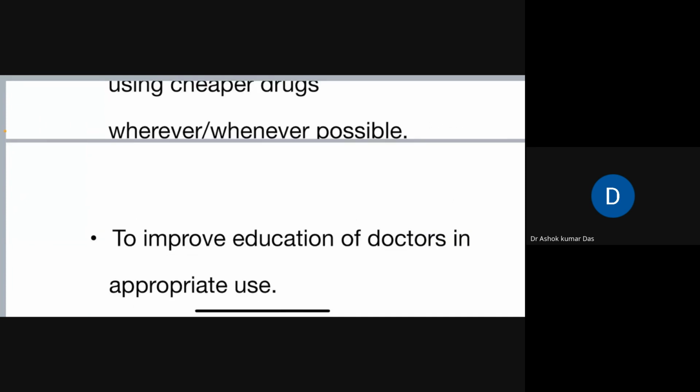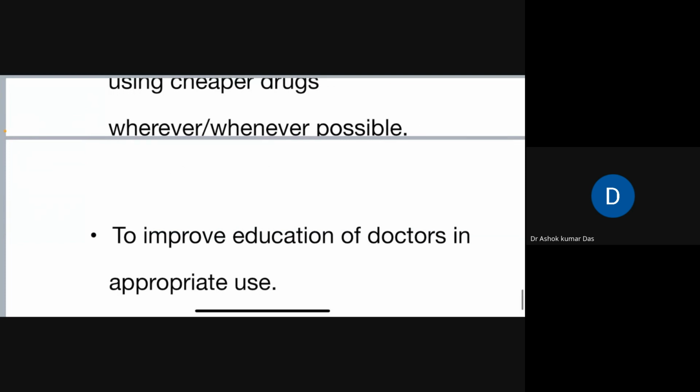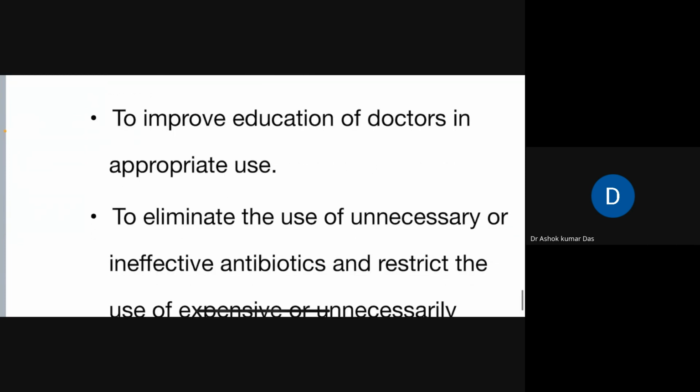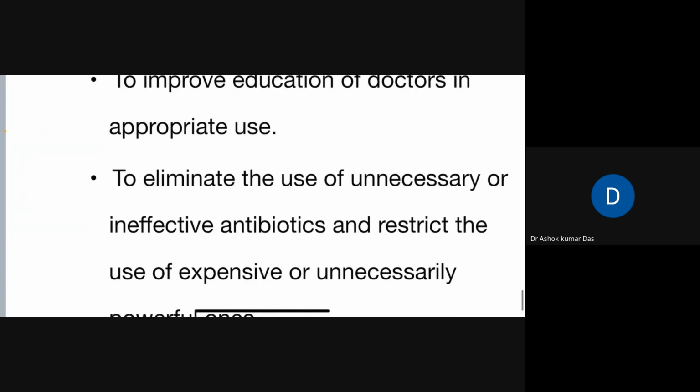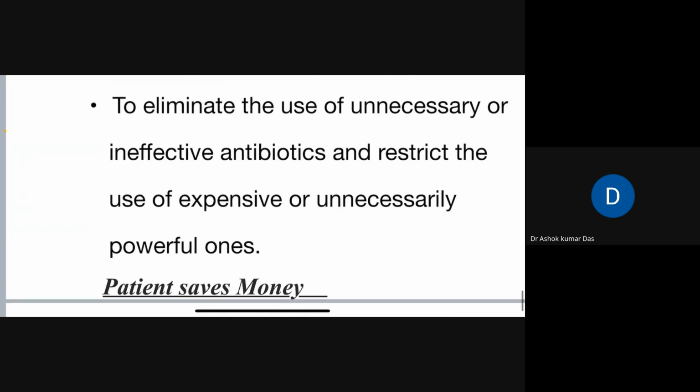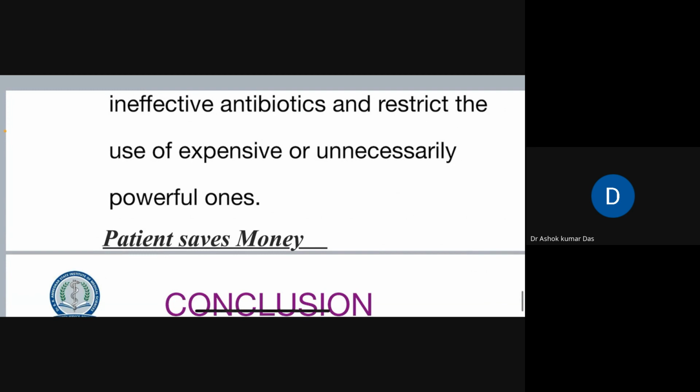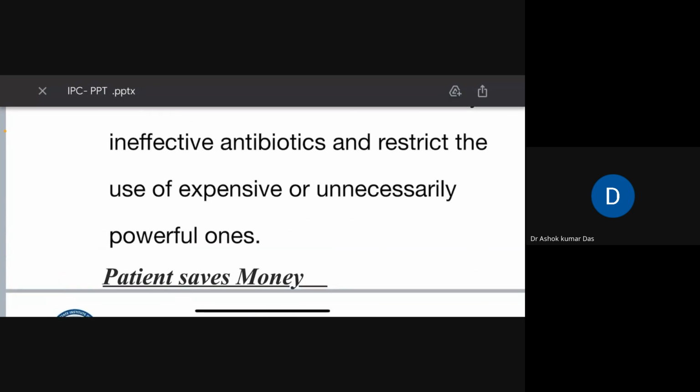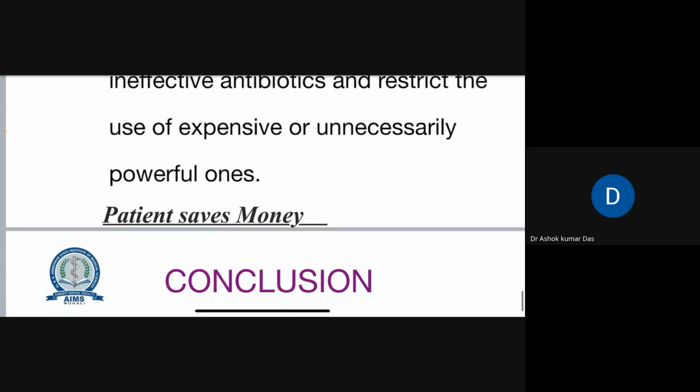To improve the education of doctors in the appropriate use, to eliminate the use of unnecessary or ineffective antibiotics and restrict the use of expensive or unnecessarily powerful ones. So if you have a good policy, the patient saves money, and of course the doctor would be happy.